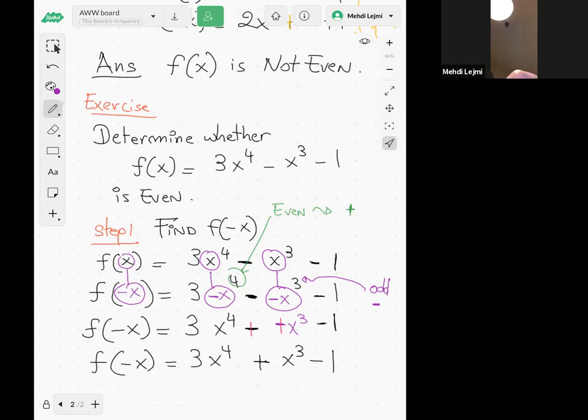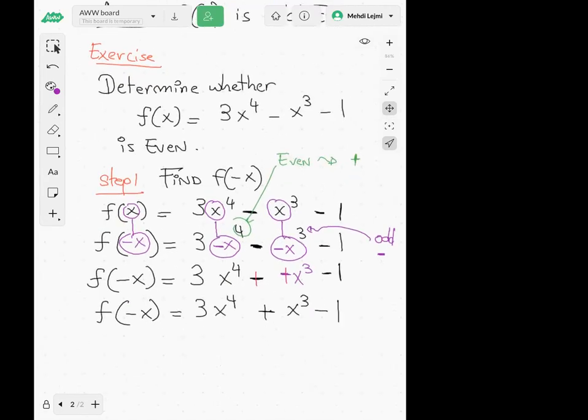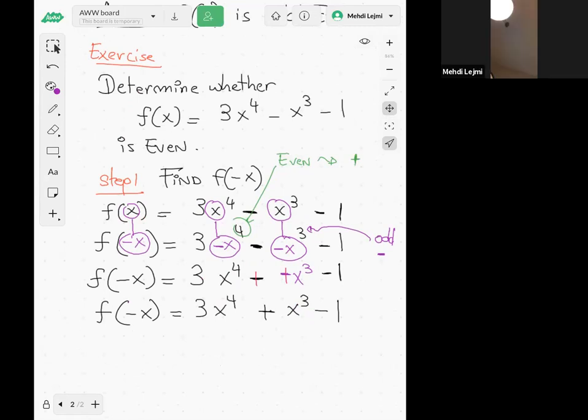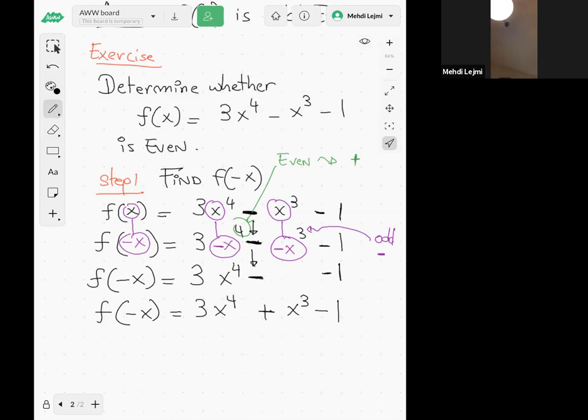So why isn't the x cubed minus? Well, let me do it again here. There is this minus, this subtraction here, so I'm going to keep the minus. That's our subtraction, so we keep the minus there.